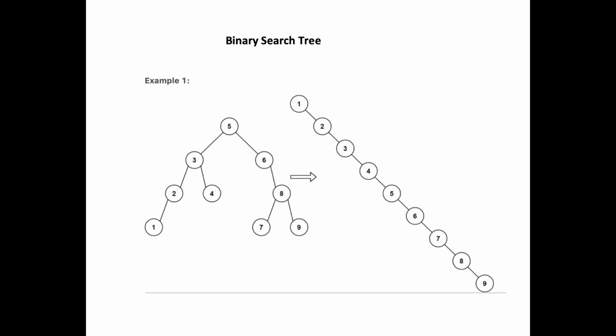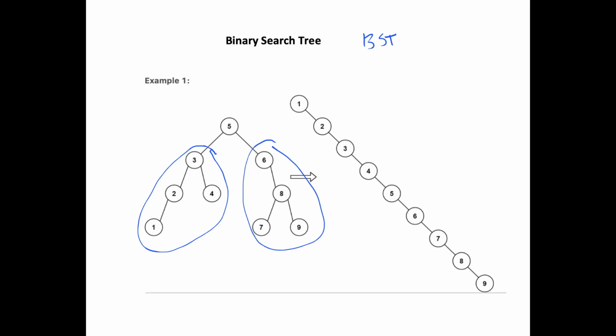A binary search tree, also known as a BST, is a more specific form of a binary tree. So this tree on the left here is a binary tree, but it's also a binary search tree because not only does each node have two children, but all of the nodes in its left subtree are less than 5, and all of the nodes in its right subtree are greater than 5.